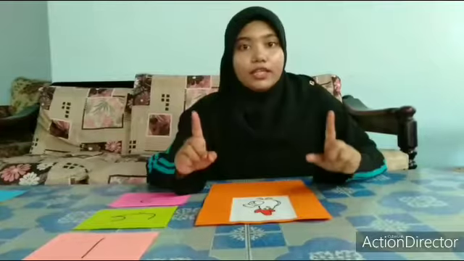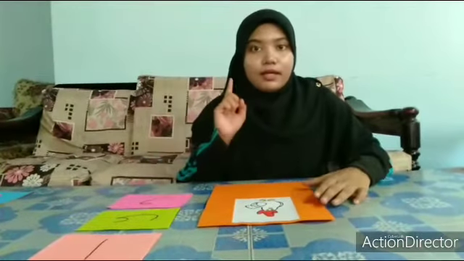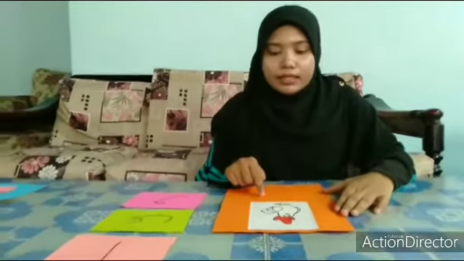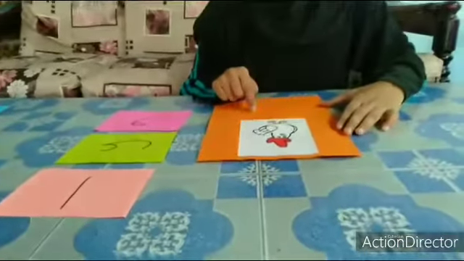Okay, to make learning more fun, let's play with the activity that I have prepared here. What you need to do is to match the beginning sound to the correct picture. Like for example, this is ayam.